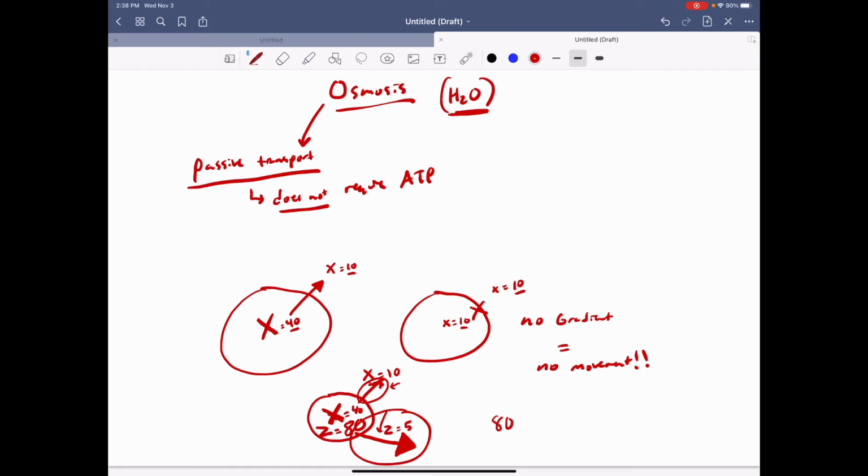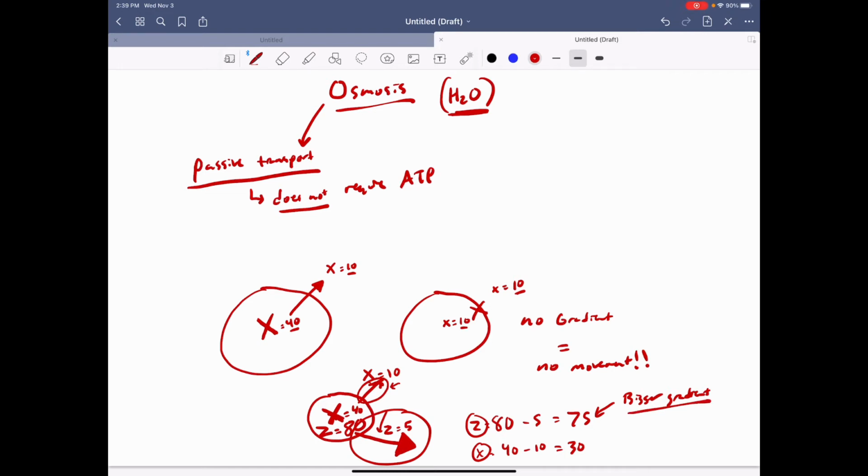So 80 minus 5 is 75, right? 40 minus 10, so this is going to be X, that's going to be Z, right? That's molecule X, that's molecule Z. That's going to be 30. That molecule Z has the bigger gradient, okay?